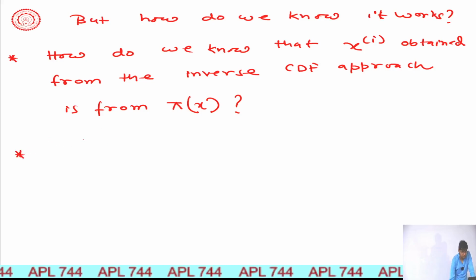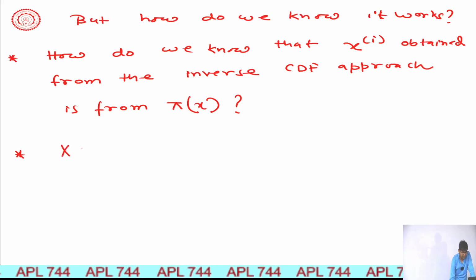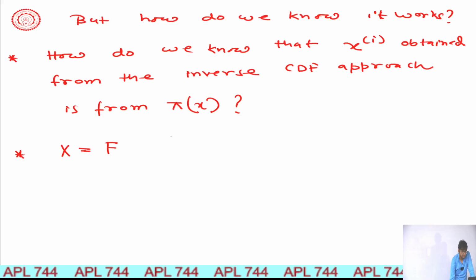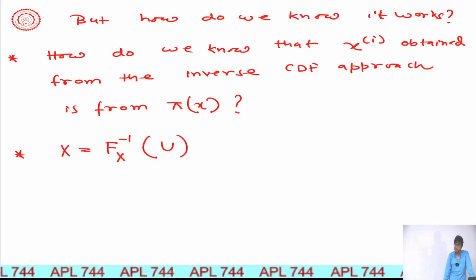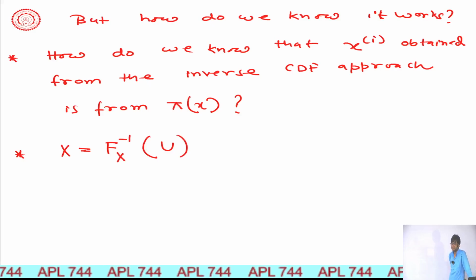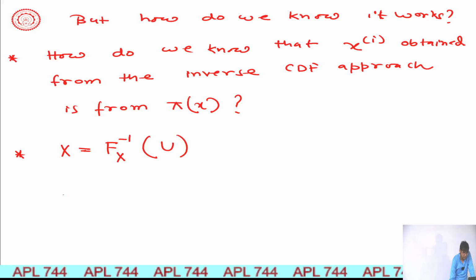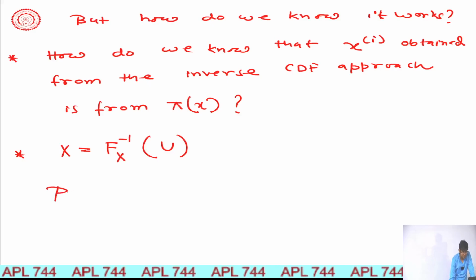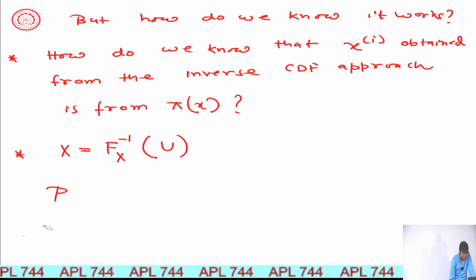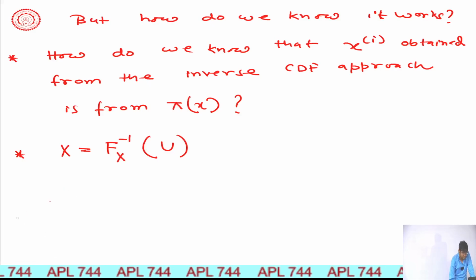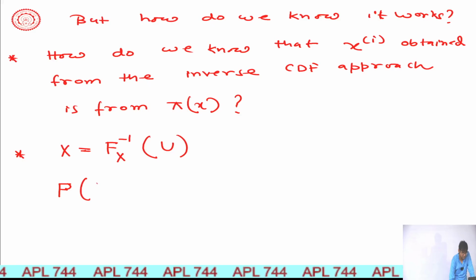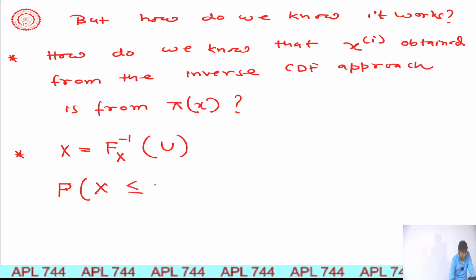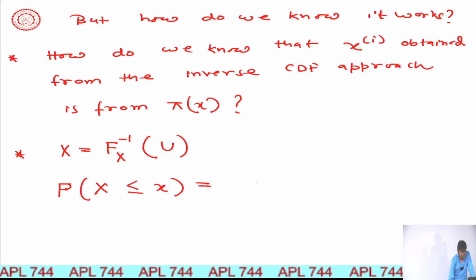Our transformation, what is the transformation? X is equal to Fx inverse u. This is the transformation we have used, correct? So then, or rather let us see, probability of x less than or equal to x, let us say, is equal to, how do you write it down?